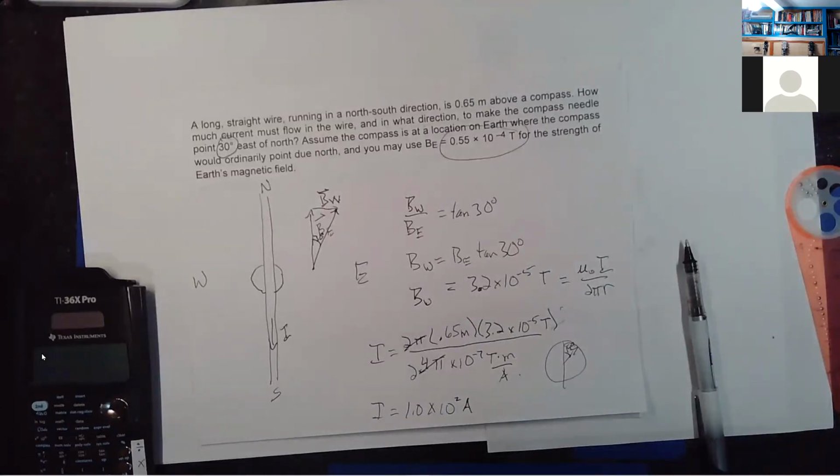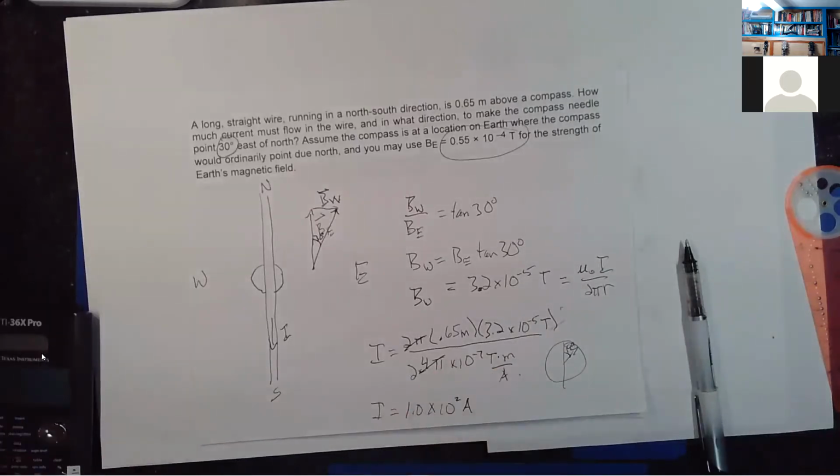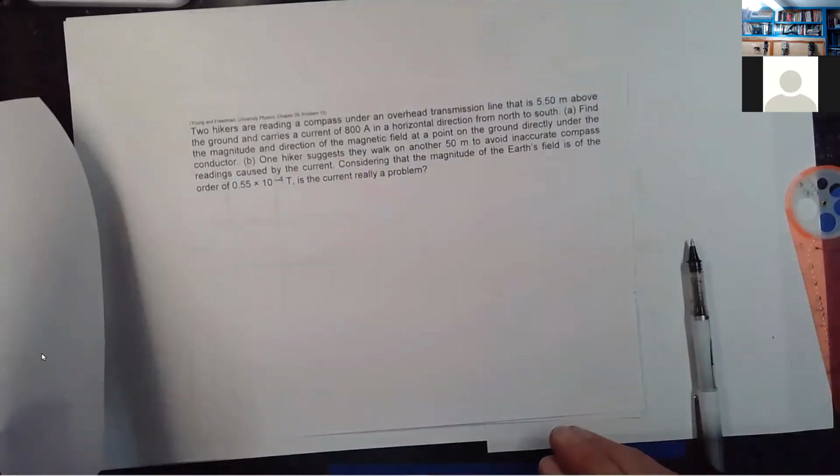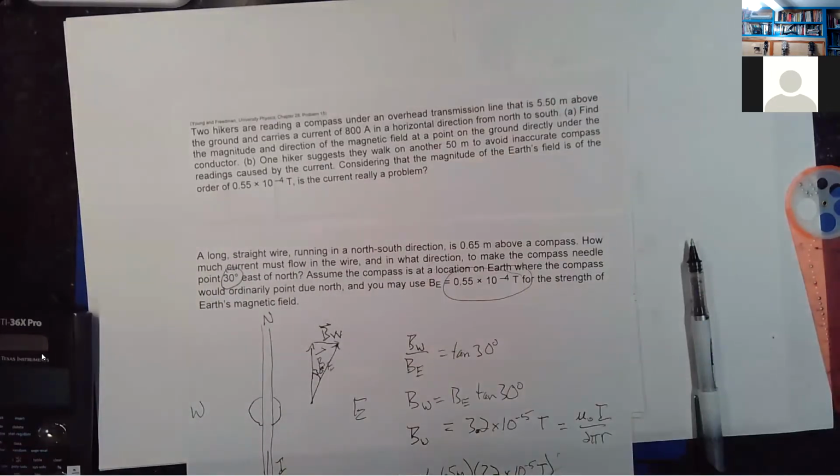So, okay, any questions on that one? These are fairly complicated problems we're diving into here. The next one's a similar problem. You might take a look at that one overnight. And just see what you can do with it.